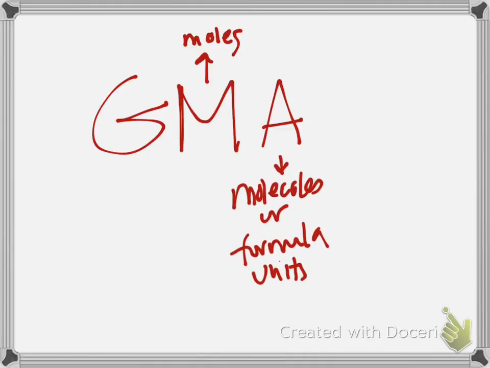I'm sorry, G is still for grams, and M is still for moles. So we still have grams and moles, but instead of atoms, now we're dealing with either molecules or formula units. So it's only a subtle mental shift.